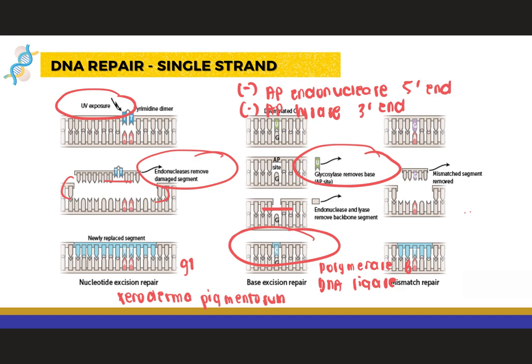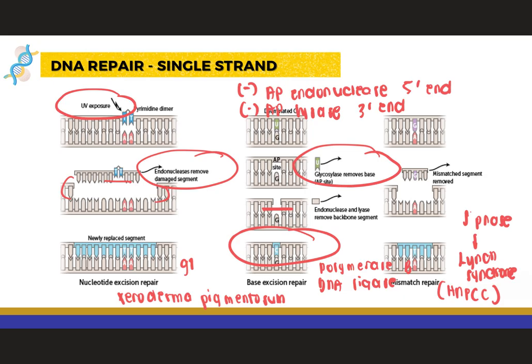So this one occurs predominantly in the S phase of cell cycle. So this one, nakikita natin to in cases of your Lynch syndrome or your hereditary non-polyposis colorectal cancer, or HNPCC.